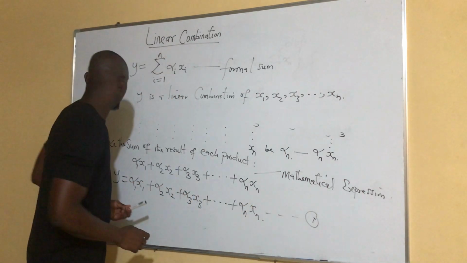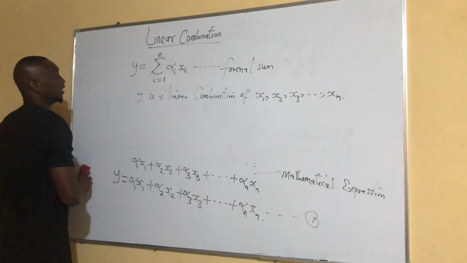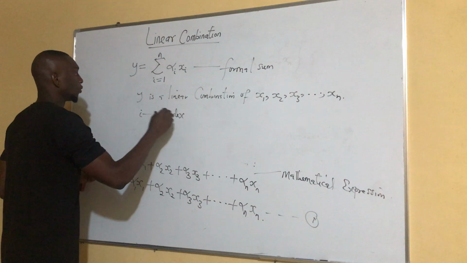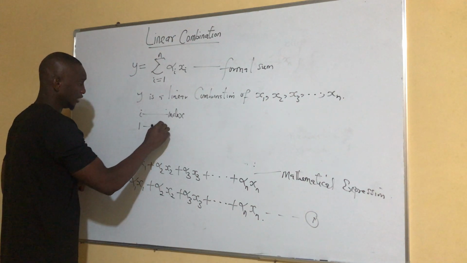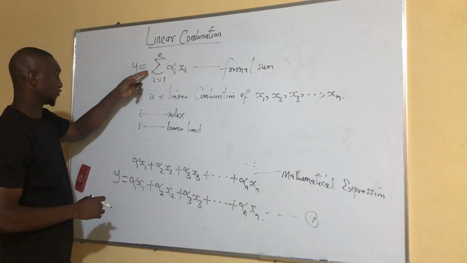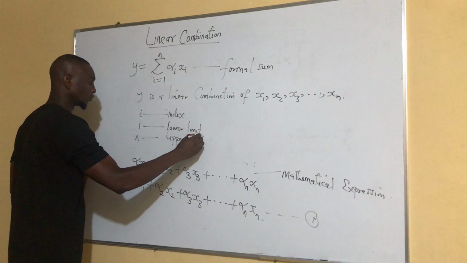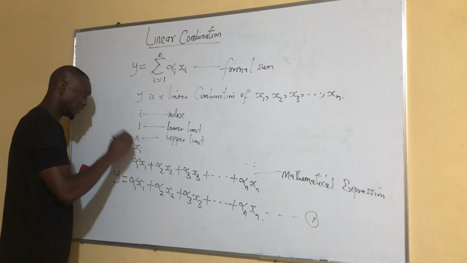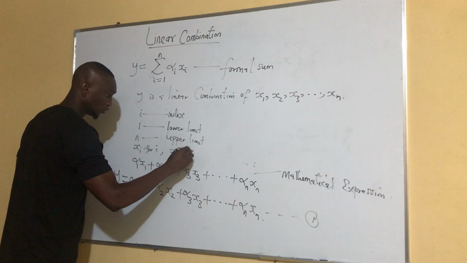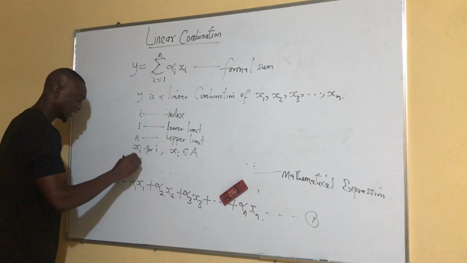At the same time, try to understand that this i here is called what? The index. 1 is called the lower limit because it's where i starts from. n is called the upper limit. For each i, xi belongs to A, while alpha i is what?